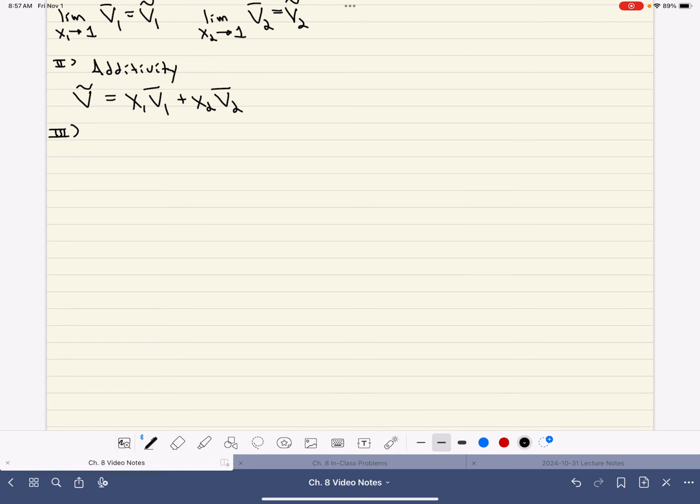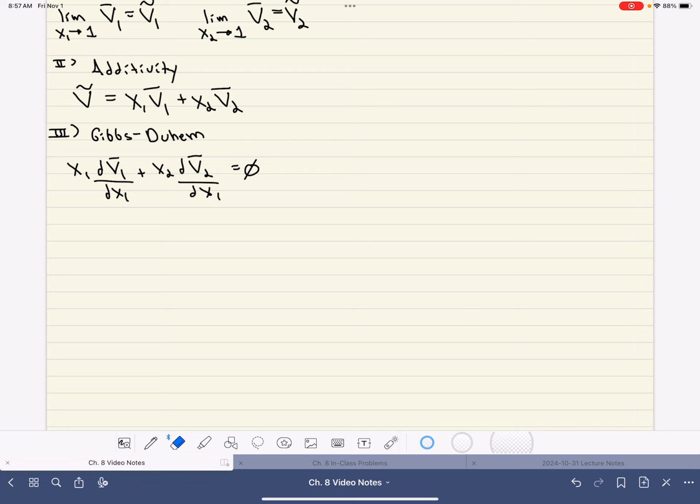would be that the model needs to satisfy the Gibbs-Duhem relationship. Right? So here it would be, from the Gibbs-Duhem analysis at constant temperature and pressure, this would need to be true. x1 dV1/dx1 plus x2 dV2/dx1, so be careful about that. Let me clean this up.